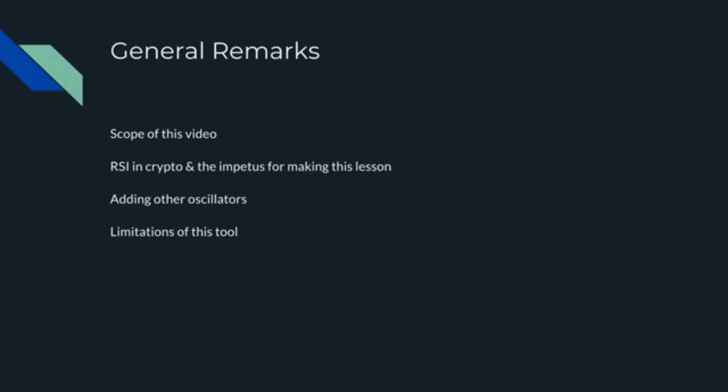Limitations of the tool: the two normal ones apply. The first one being it's not a magic indicator that'll just make you heaps of money. It makes mistakes. Well, what I should say is it gives you false signals that you choose to act upon. And also, in freakish markets, it's not 100% useful.